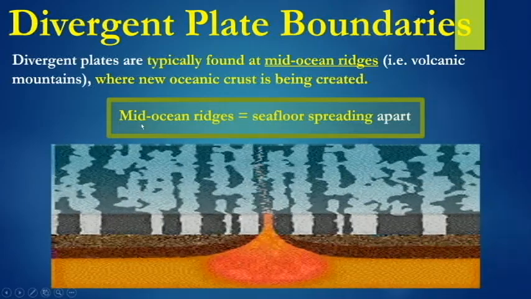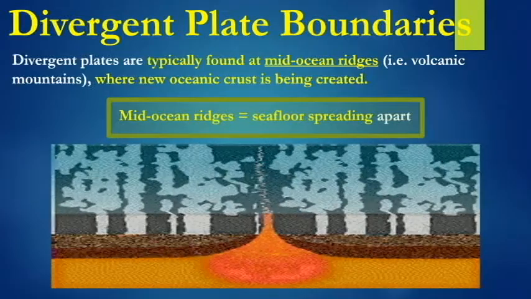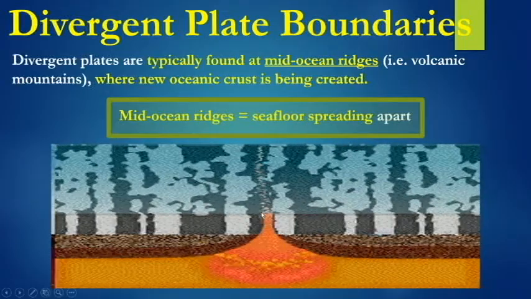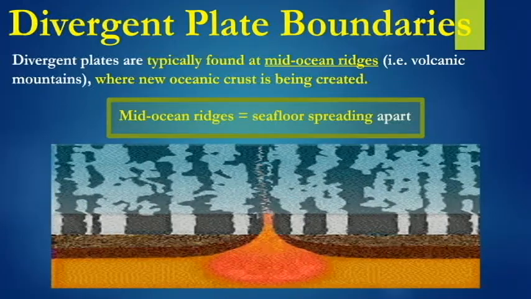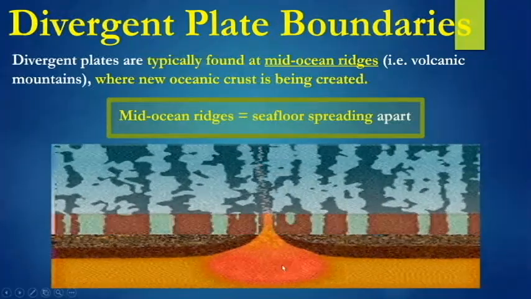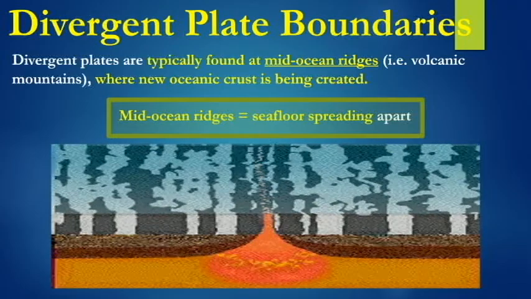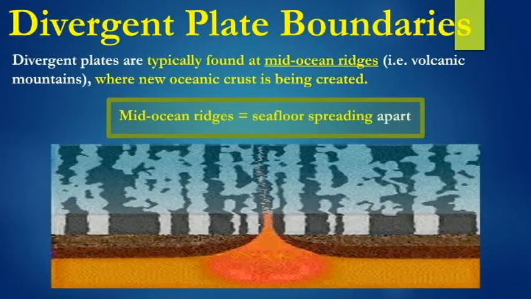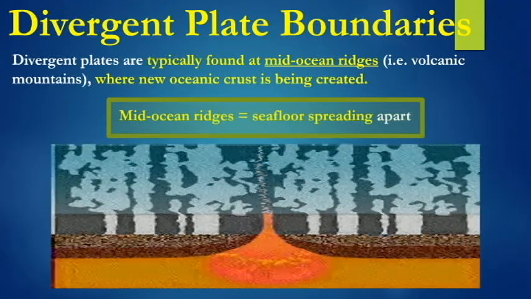And when we say a mid-ocean ridge, what we're really saying is sea floor spreading. As you can see in this very nice GIF, the sea floor is actually spreading apart, and the magma beneath is moving up, solidifying, and pushing apart the crust. It actually is a pushing motion. It's pushing the crust apart, and that's seafloor spreading.